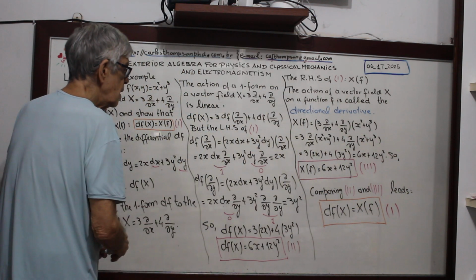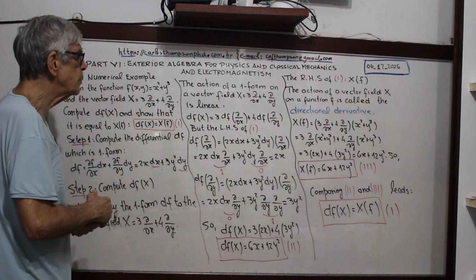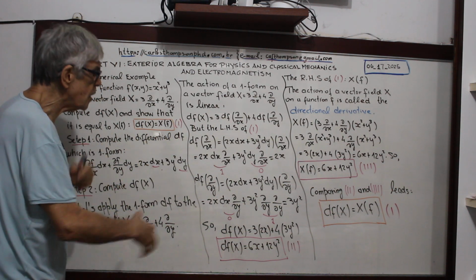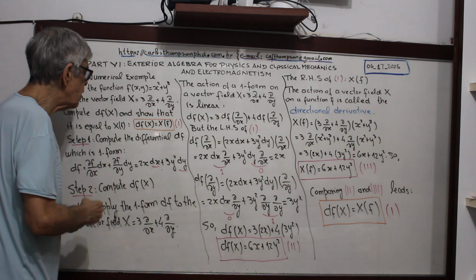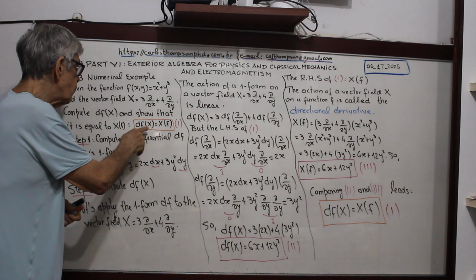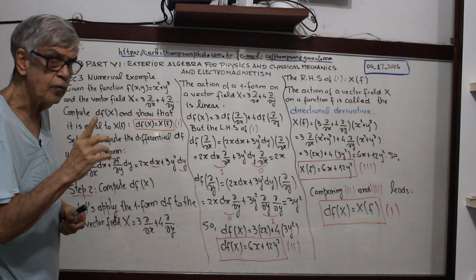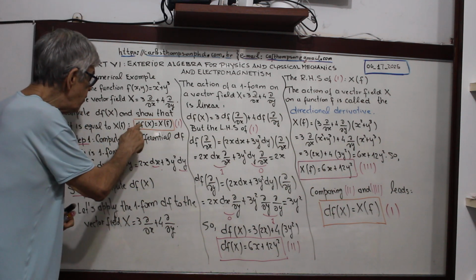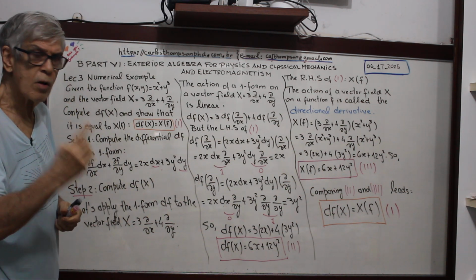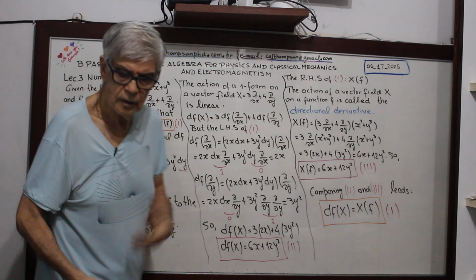It's quite easy if you follow exactly the definition of what we are doing. So you find this equality: df applied to X is X applied to f. And f is a function. df is a one form. f is a 0 form. That's a function.